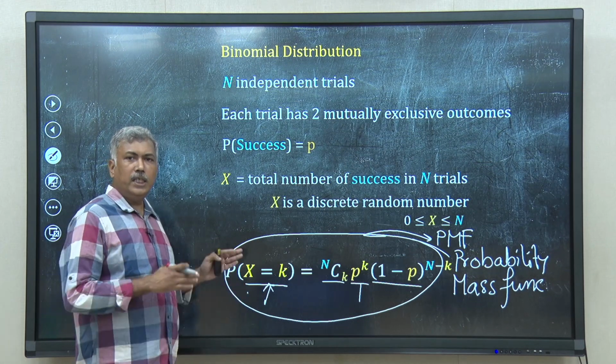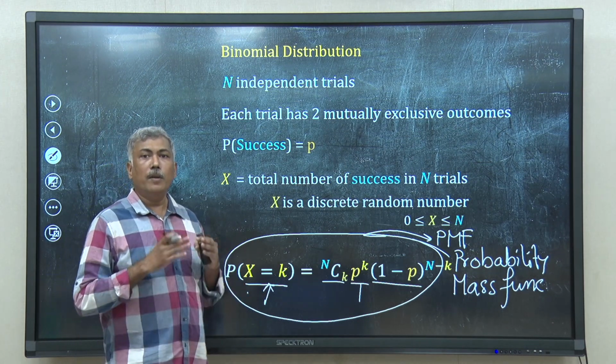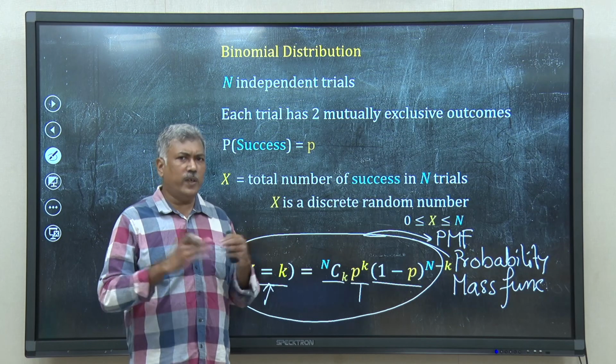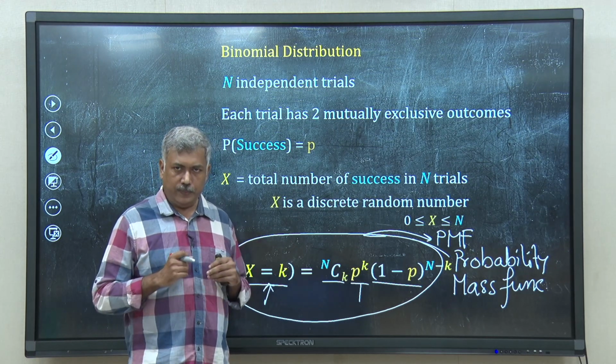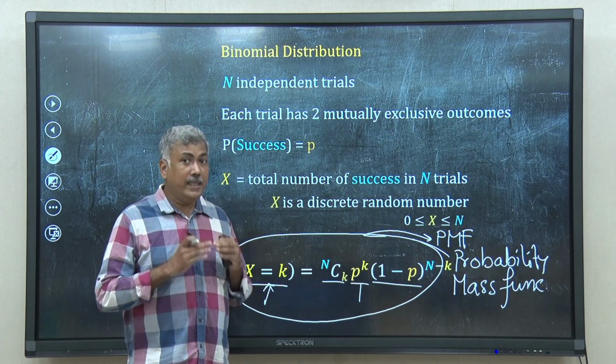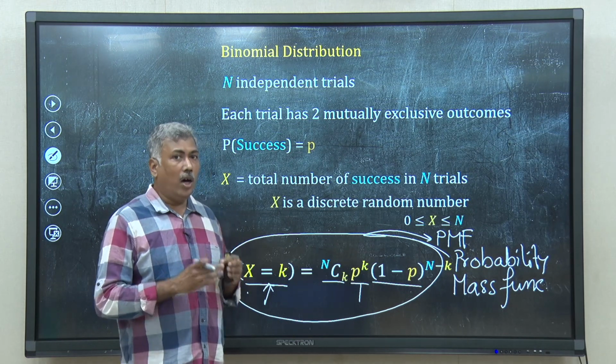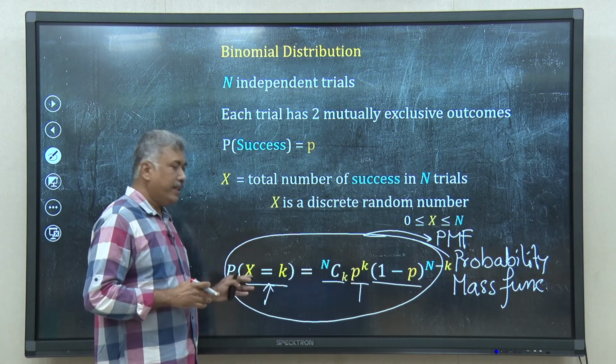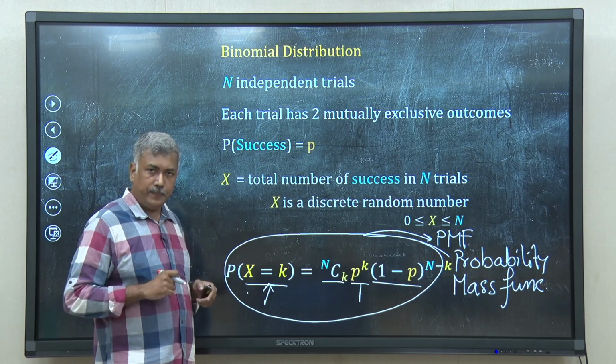This equation is the probability mass function of binomial distribution, which is very frequently used in many calculations. Now remember, this gives me the probability of taking a particular value by this particular random variable x.